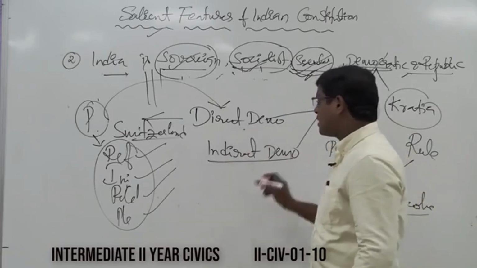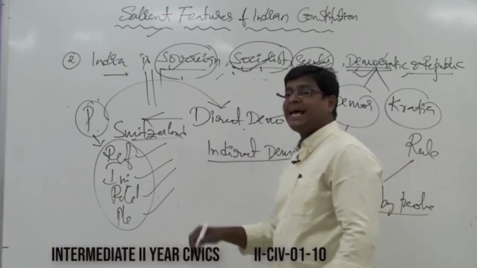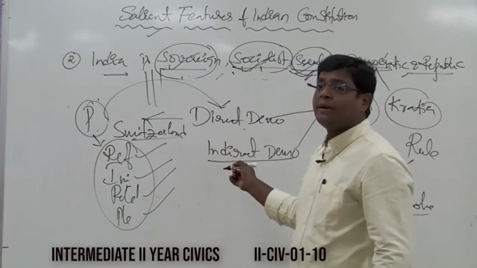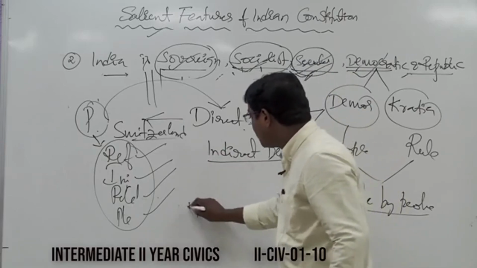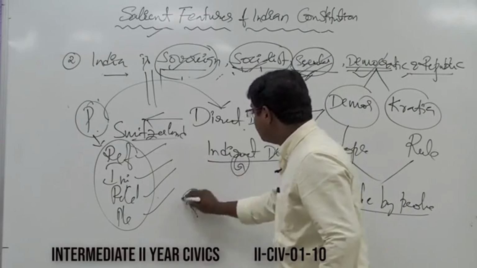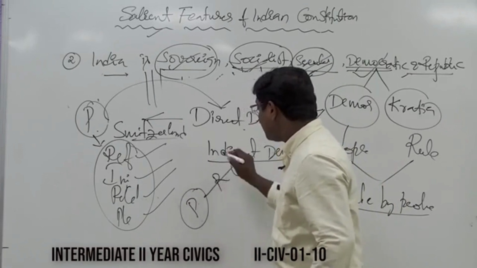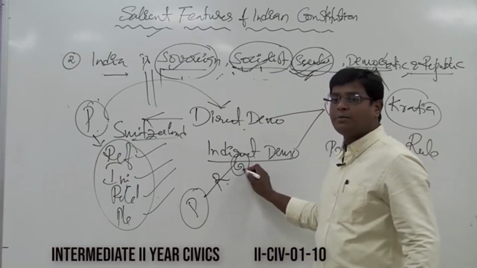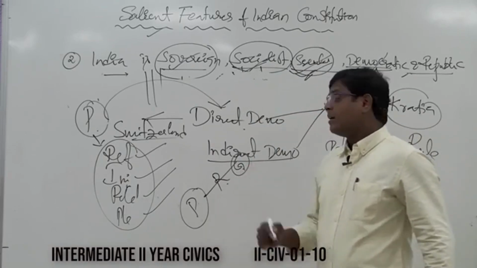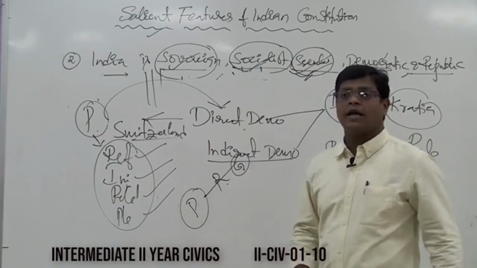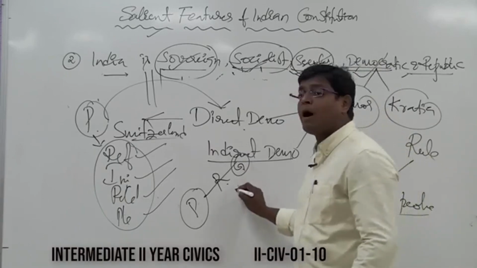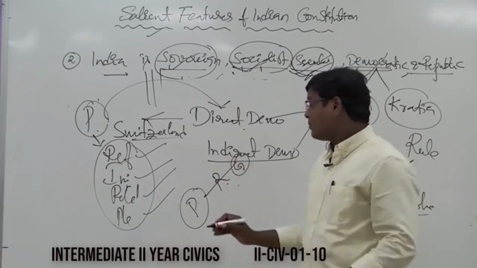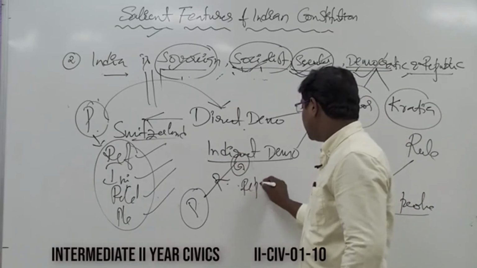Whereas in indirect democracy, the people participate indirectly in government affairs. Between the people and the government, there are representatives. Through their representatives, they participate in that democracy. That's why indirect democracy is called the representative form of democracy.